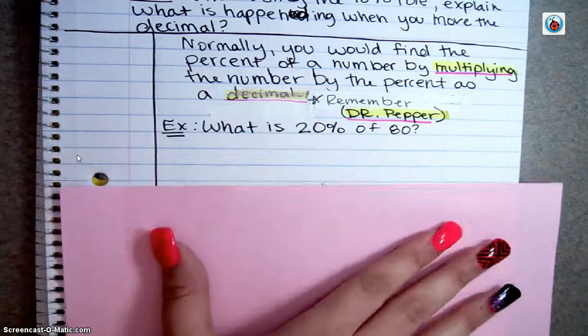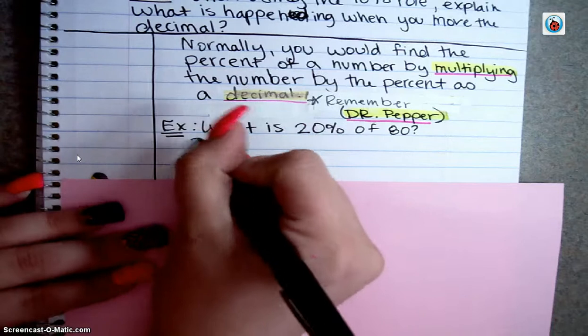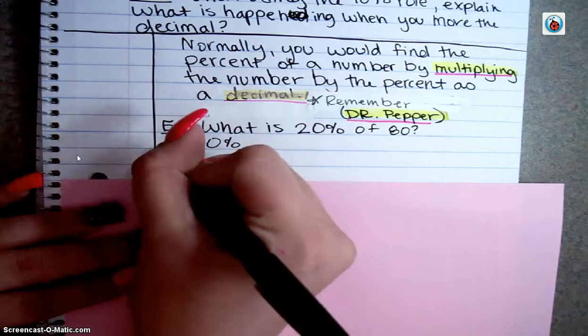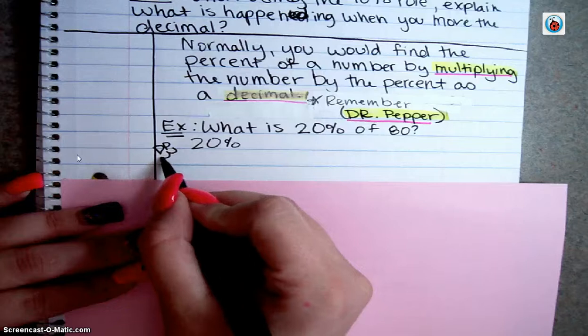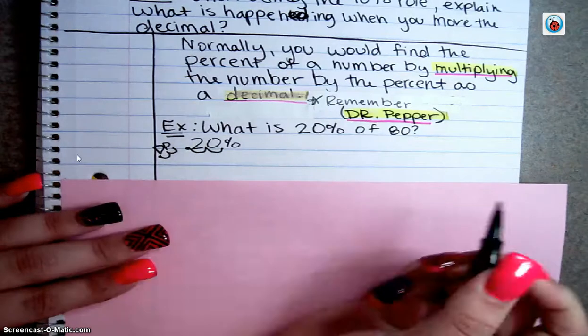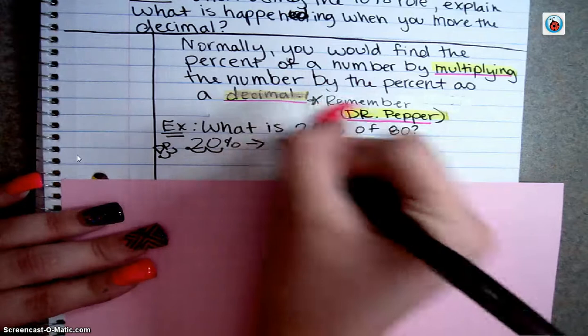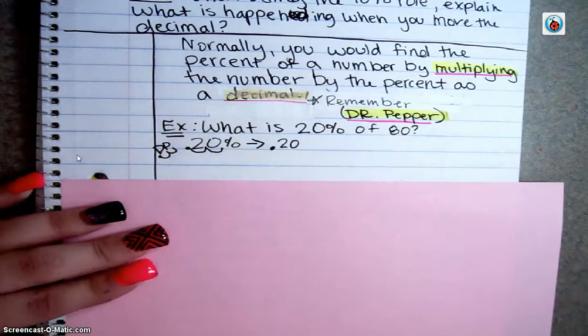We're going to find what is 20% of 80. First, I'm going to take 20%, and I'm going to use Dr. Pepper. Since it's a percent, I want to move the decimal 2 times to the left to make it a decimal. So the decimal of 20% is 20 hundredths.